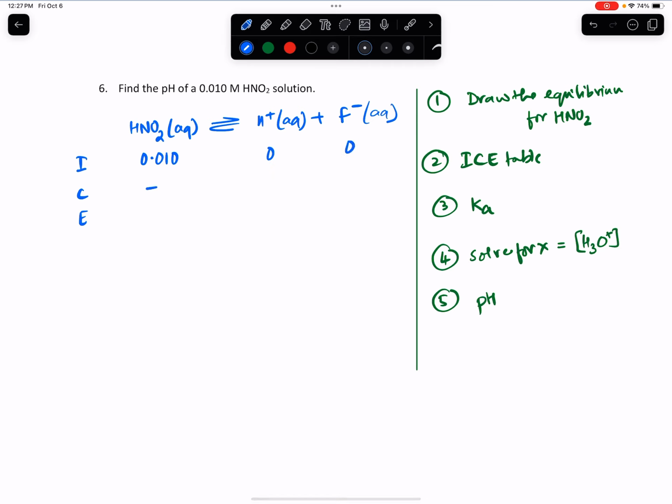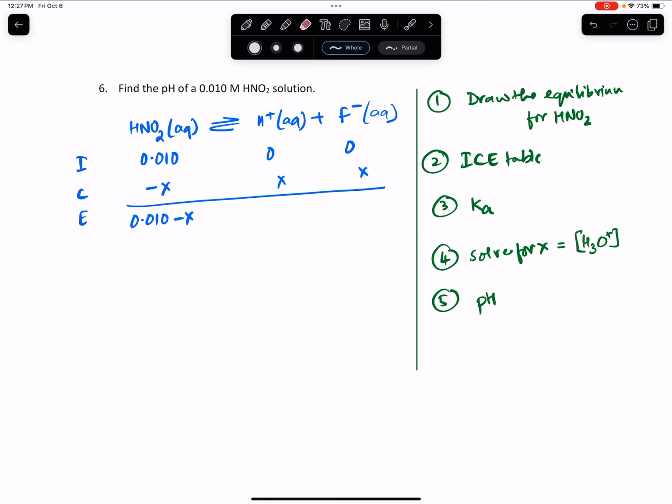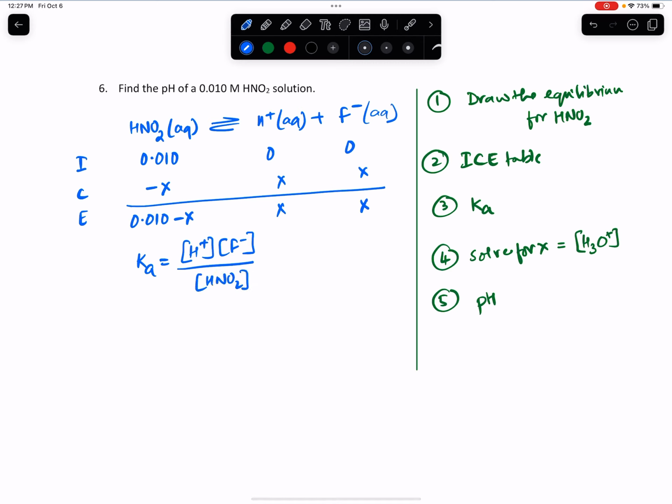The change is going to be minus X for the reactant, and positive X for the product side. At equilibrium, we're going to have 0.010 minus X for the HNO2, and X for H plus and X for F minus. So Ka is equal to H plus ion concentration times F minus ion concentration over the concentration of HNO2.